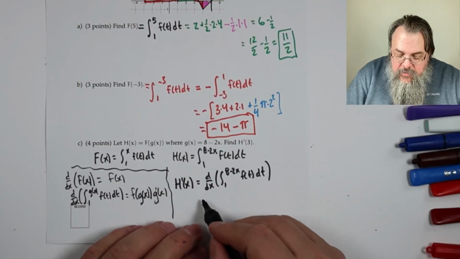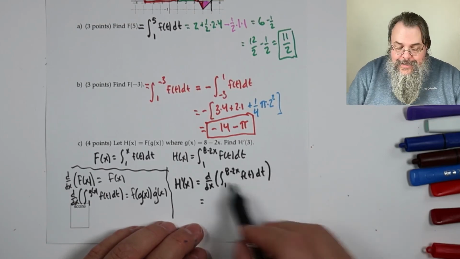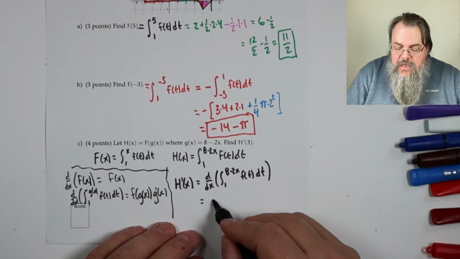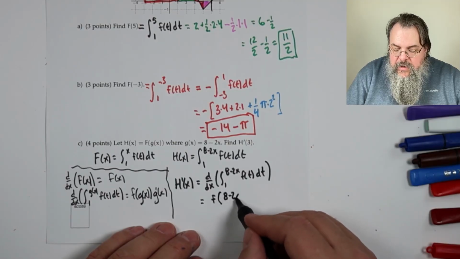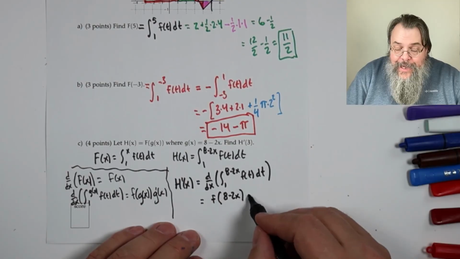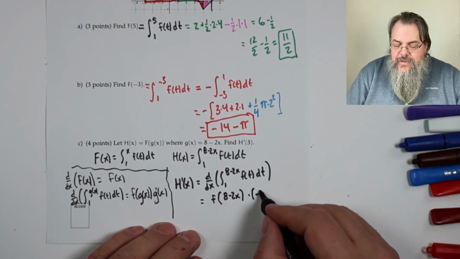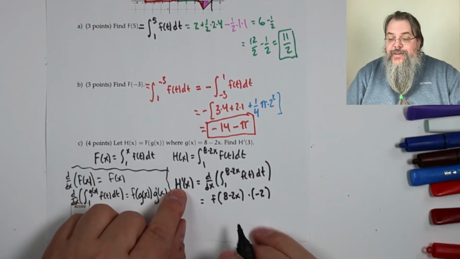So for us, this is the derivative of the outside, would just be f, but plug that function 8 minus 2x in, times the derivative of 8 minus 2x, which is minus 2.